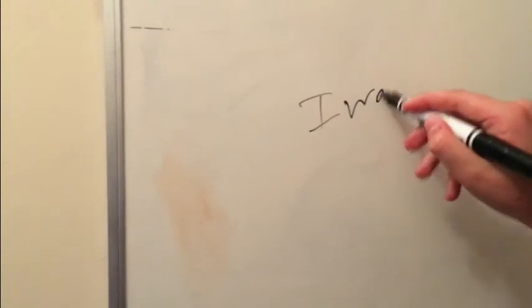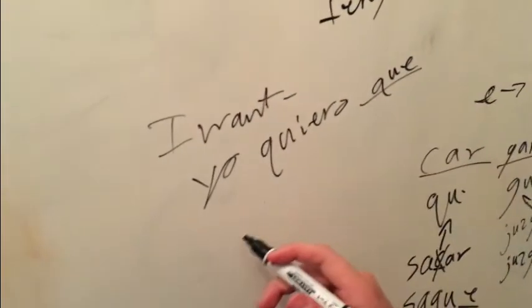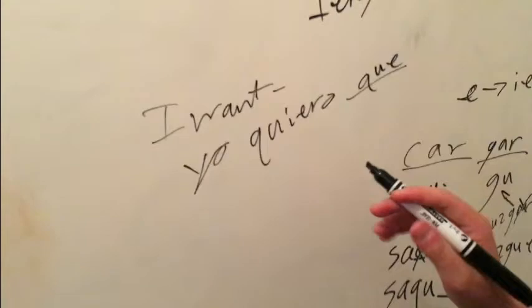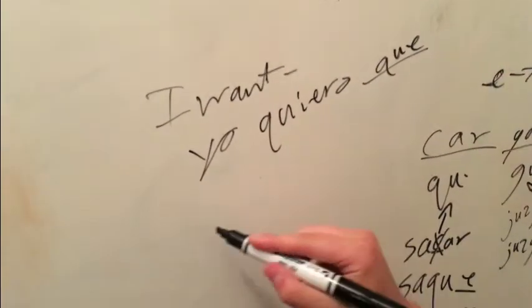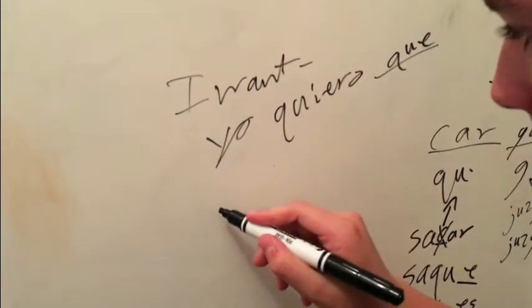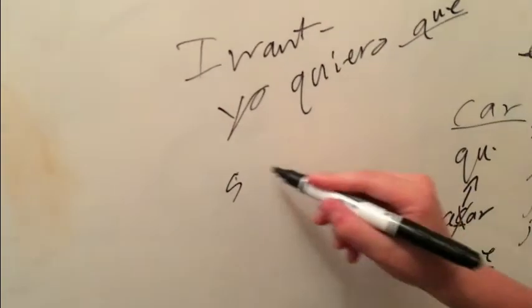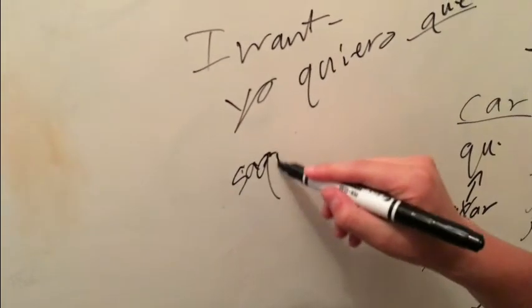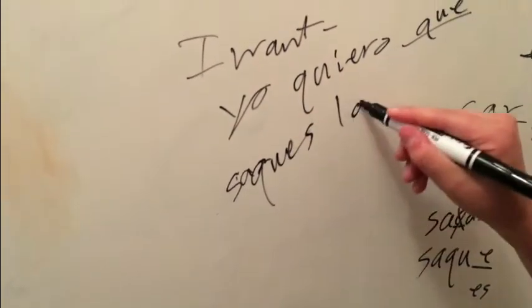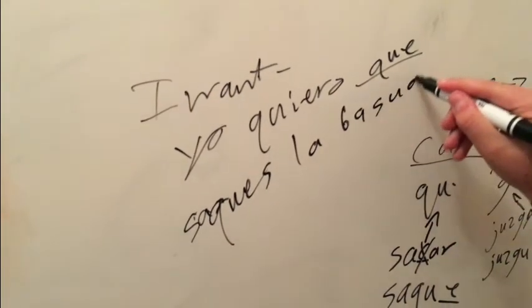So I want is yo quiero, and then you add your connector, que, and then you have your other sentence. Let's just say I want you to take out the trash. So yo quiero que, and then you take sacar, so it'd be saques la basura. That's just one example right there.